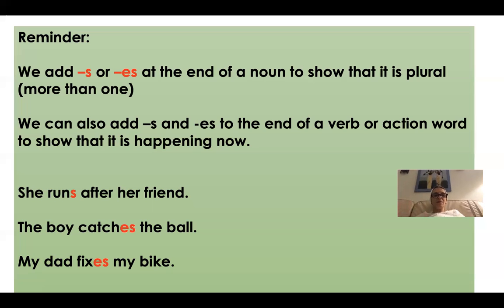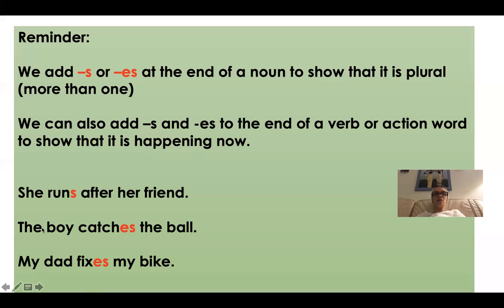Okay, so look at the next example. My dad is one person. My dad fixes my bike. I put es because fix ends with an x. So remember, when one person is doing the action, the verb has to have an s or an es at the end.